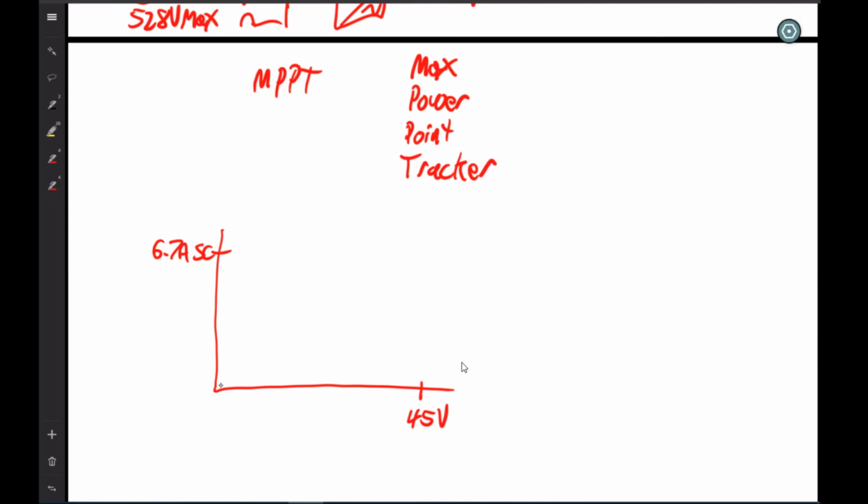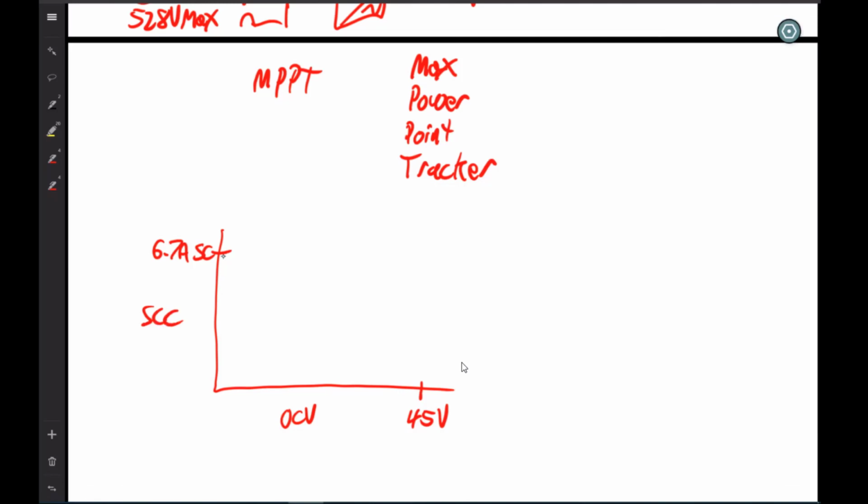So when there's 0 volts, because it's short circuited, you got 6.7 amps. When there's 0 current, because it's open circuit, you've got 45 volts. So this is the open circuit voltage and the short circuit current.